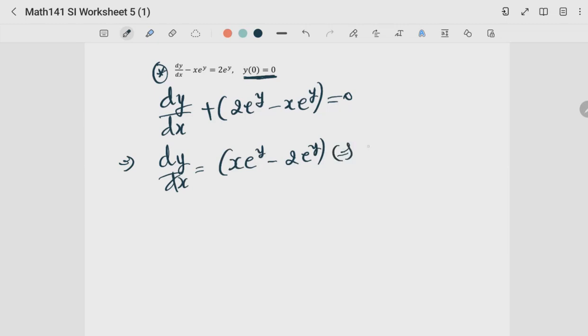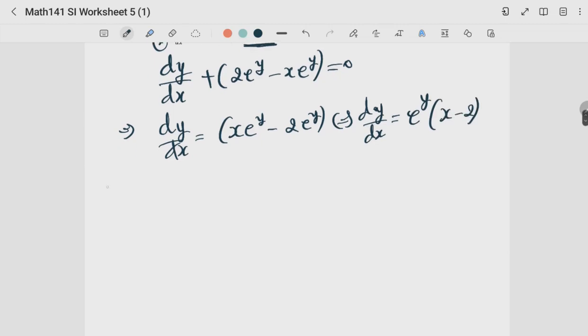So dy over dx is equal to e to the y times (x minus 2). Bringing the terms in y on the left-hand side, we have dy over e to the y is equal to x minus 2 dx.